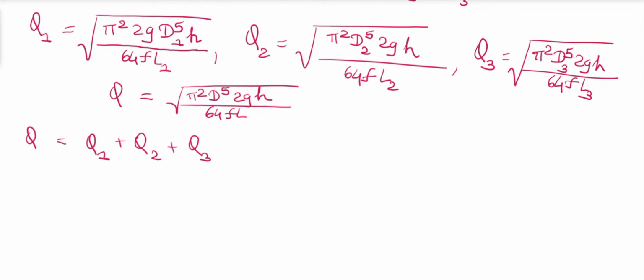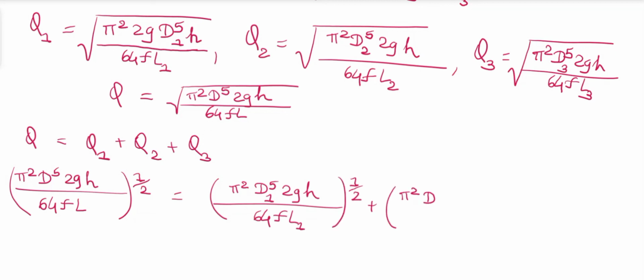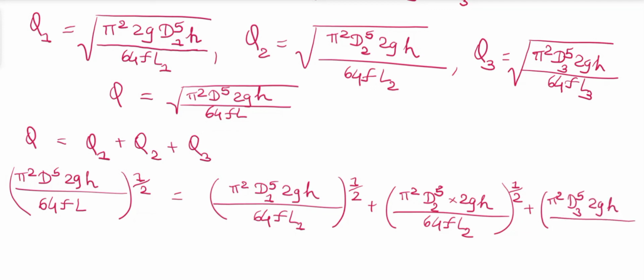Here we'll be substituting all of these values, which is pi square d raised to 5 2gh upon 64 fl raised to 1 by 2 is equal to pi square d1 raised to 5 2gh upon 64 fl1 raised to 1 by 2 plus pi square d2 raised to 5 2gh upon 64 fl2 raised to 1 by 2 plus pi square d3 raised to 5 2gh upon 64 fl3 raised to 1 by 2.